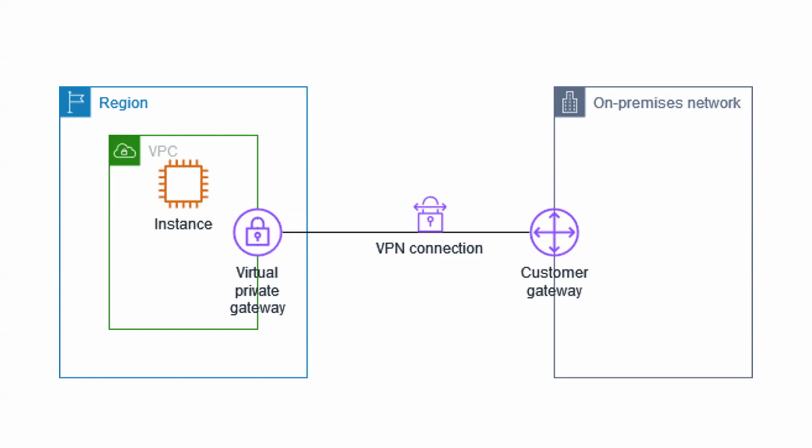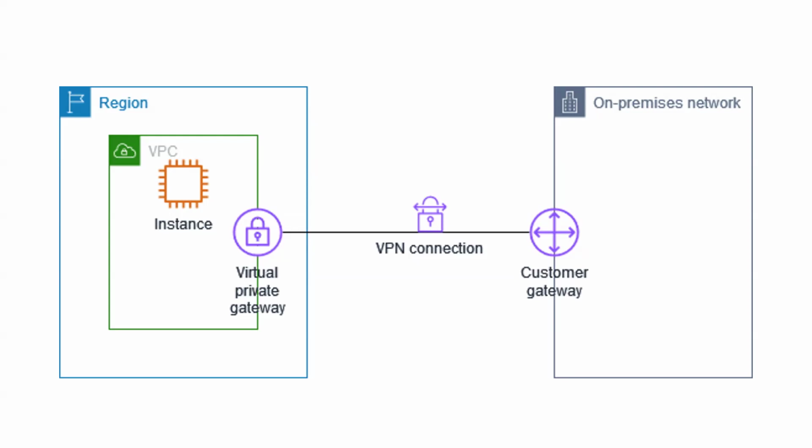But it is important to remember that the customer gateway is actually a configuration inside your AWS account, so that the AWS account just points to a VPN device that resides in your corporate data center. Once those two are set up, you can enable a VPN connection, or site-to-site VPN, between these two.